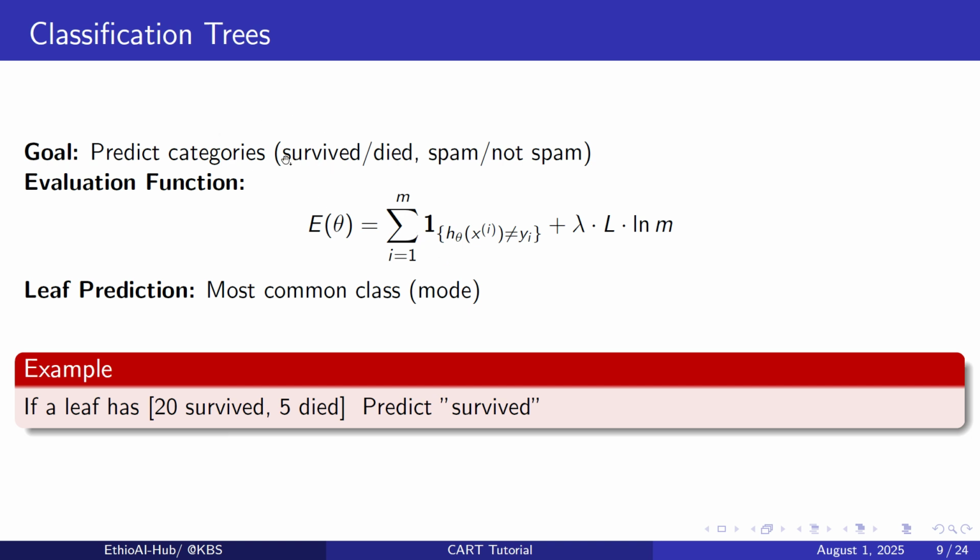The loss function in classification trees is calculated by the sum of ይሄ h theta of x_i የሚለው, i ማለት እያንዳንዱ ኢንትሪ ነው. x is the input data, and is not equal to y_i.